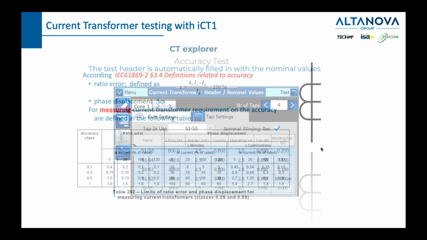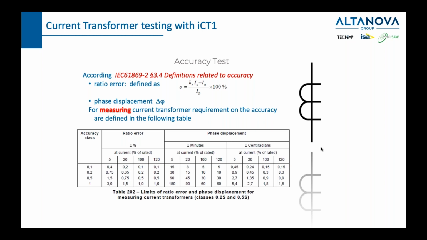So accuracy test is, of course, a very important test, especially for metering CTs. We have different accuracy classes, so 0.1, 0.2, 0.5, and this means that when you are generating 100% of nominal current, you need to have a maximum error of 0.1 for 0.1 class, 0.2 for 0.2 class, and so on.